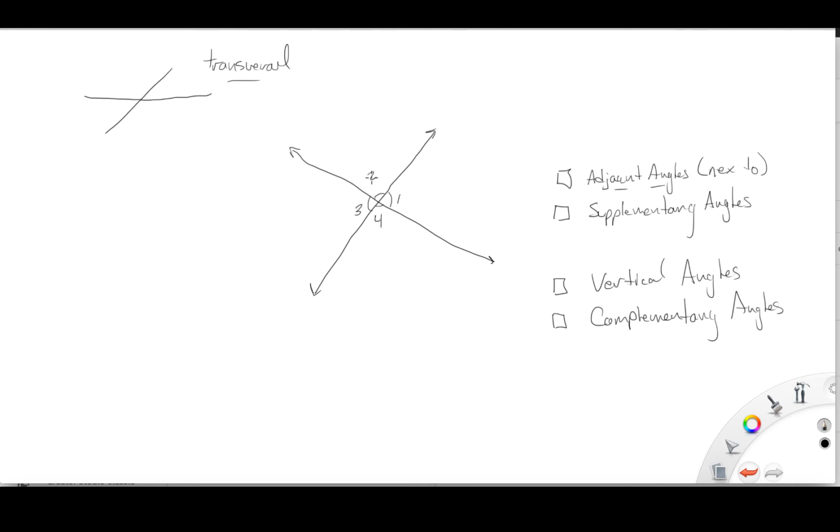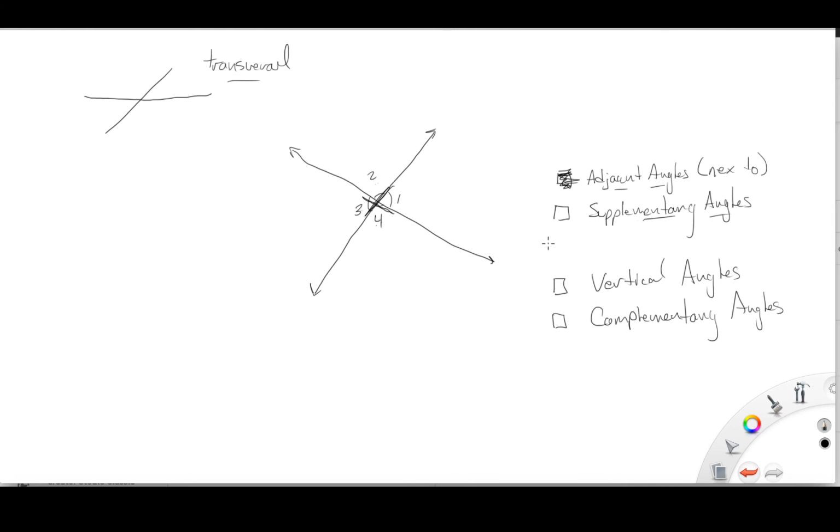Number 2 and 4 are not adjacent. They are what we would call opposite angles because they cross over. So adjacent means that they have to be on the same plane. And you see a plane right here. So 2 and 3, 3 and 2, 1 and 4, 4 and 1, 3 and 4, 4 and 1, or 2 and 1 and 1 and 2. Okay? That is what an adjacent angle is.